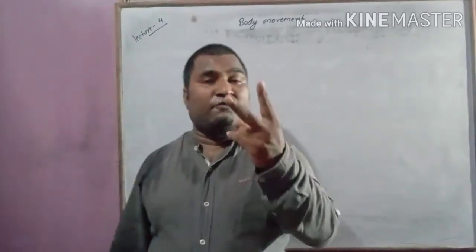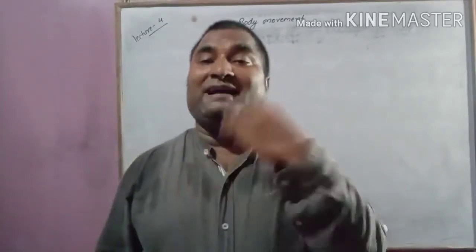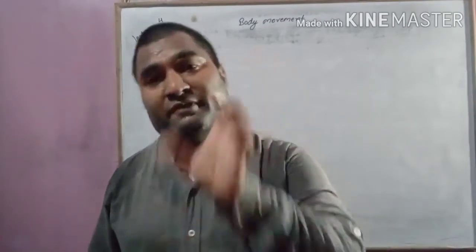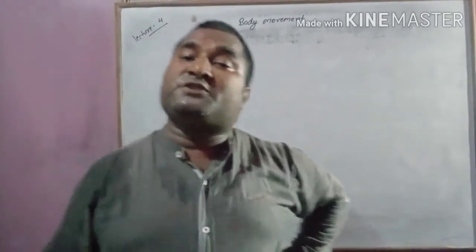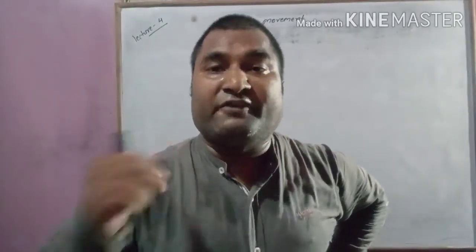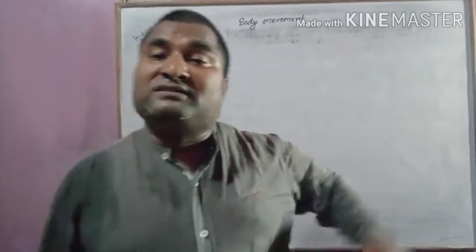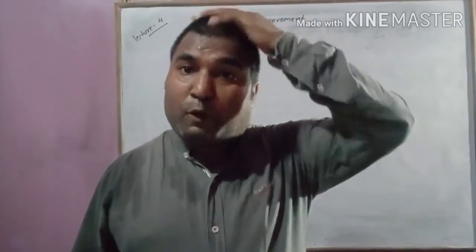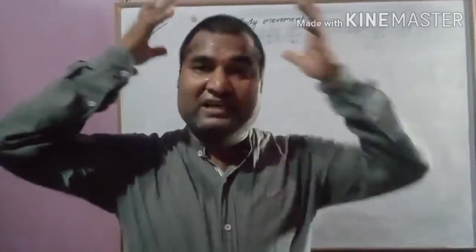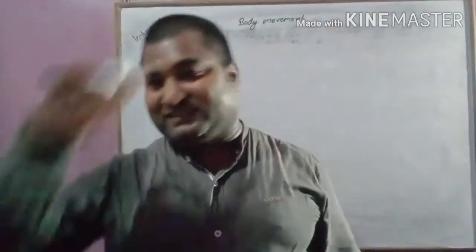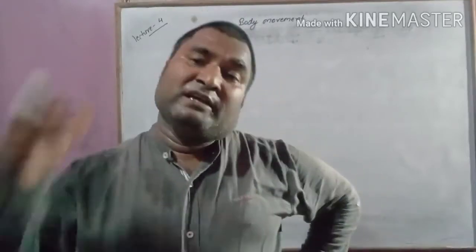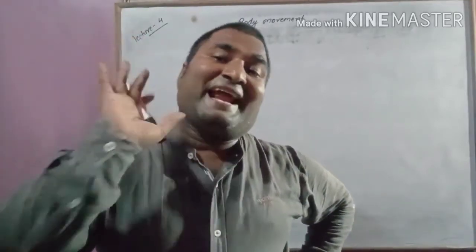Joints are broadly of 2 types: fixed joint and movable joint. Fixed joint means a joint that does not allow movement. For example, the head or the skull or the cranium, the brain box, is made up of 8 bones.